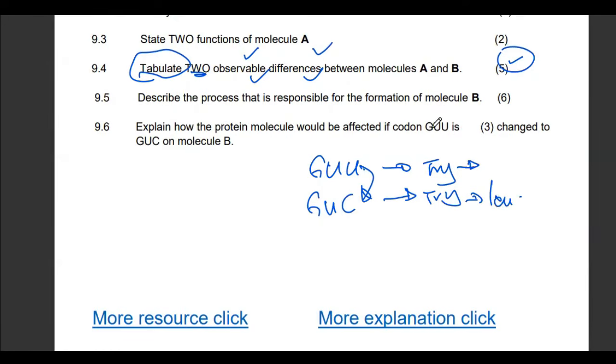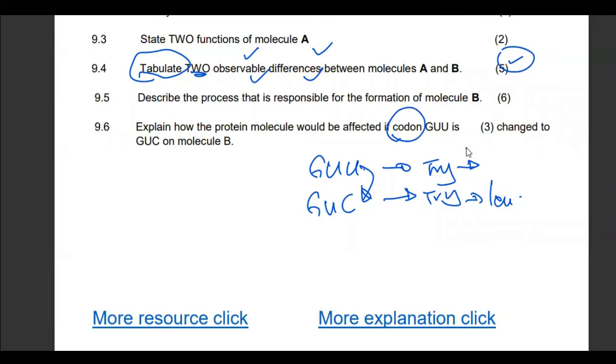So therefore, you tell us that if GUU is changed to GUC, because when they say codon, it means that we have started from the messenger RNA.